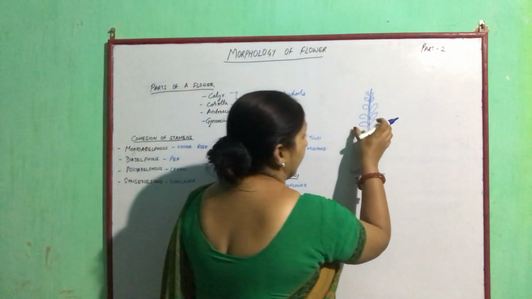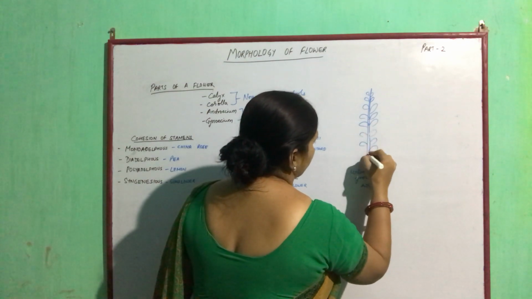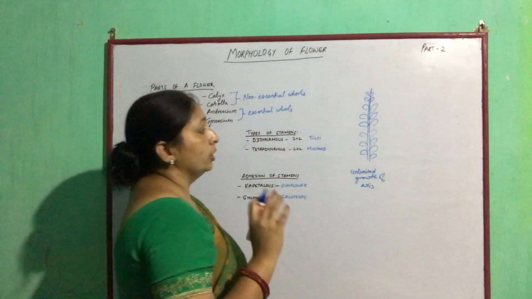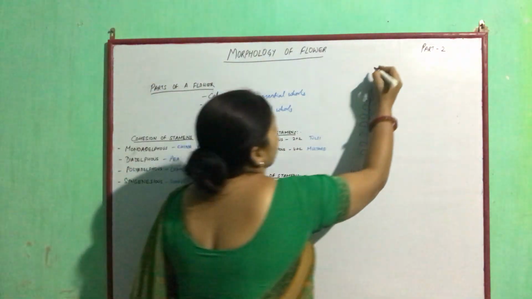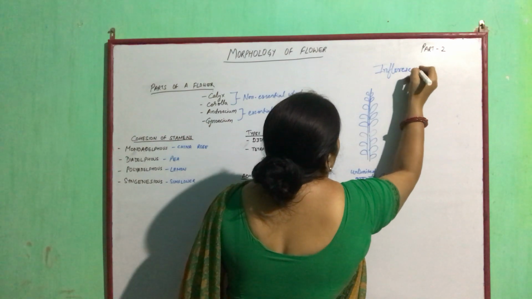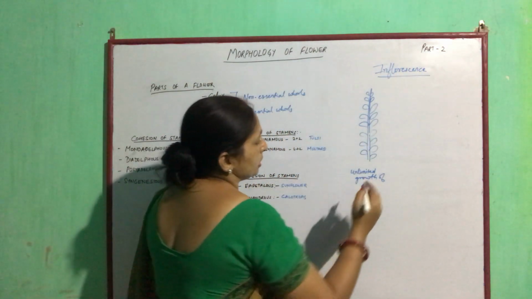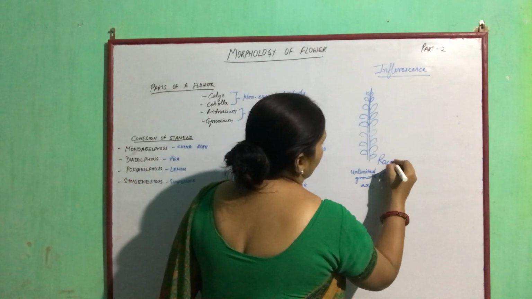This arrangement of flowers on an axis is termed inflorescence. If the inflorescence is of this type, then it is the racemose type.